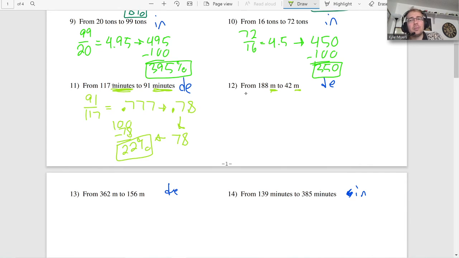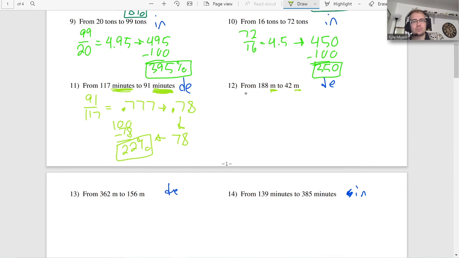Like, let's say one of these was minutes and the other one was hours. You could either change the minutes to hours, or change the hours to minutes. As long as they're both minutes or both hours, it'd be fine. Okay, you got to get the units the same first. It would be like step 0. And then you would do what we're doing here.